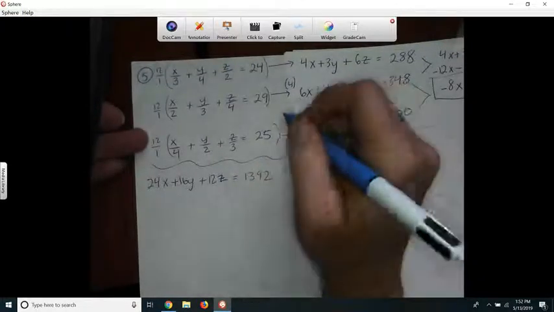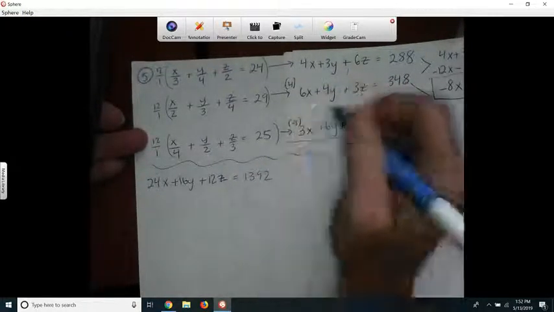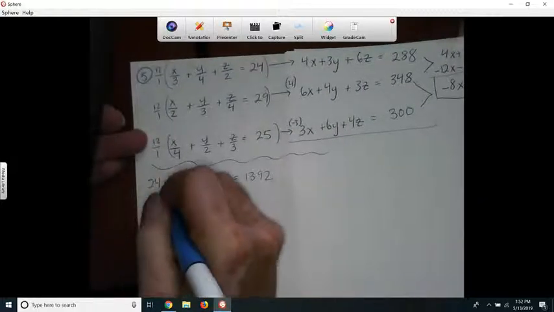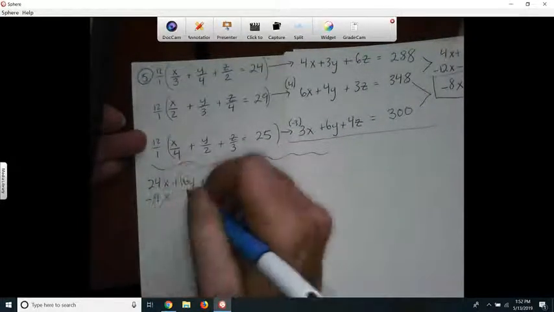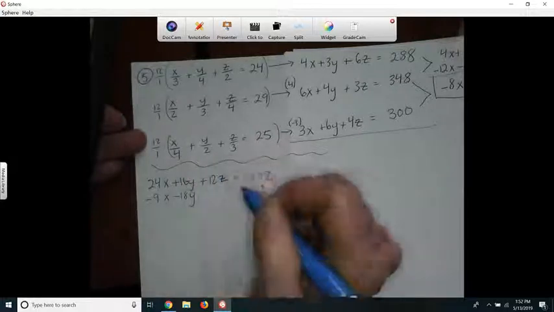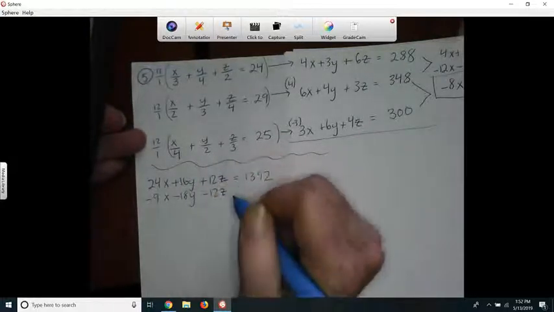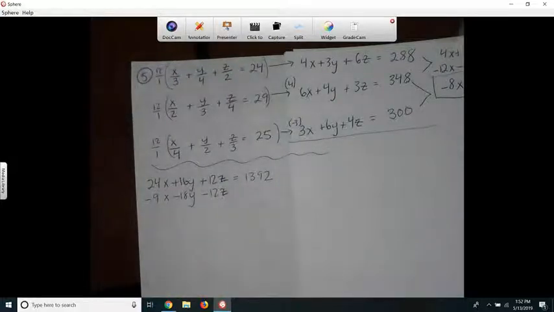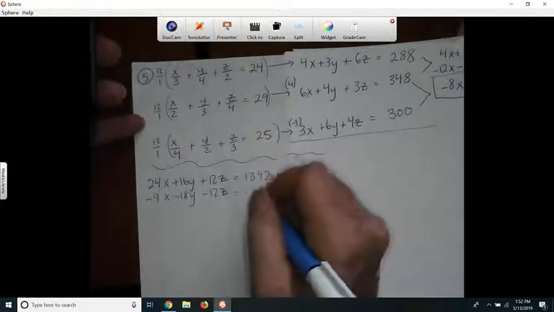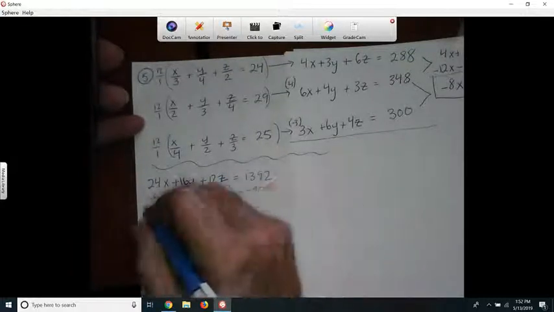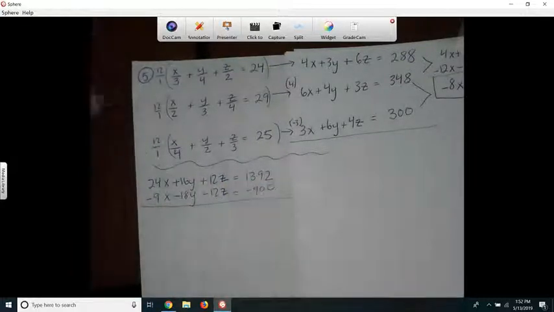I'm going to multiply this one by negative 3. 3 times 3 is 9. 6 times 3 is 12. This is z. And then negative 3 times 300, I think, should be negative 900. Okay, so I'm doing that.